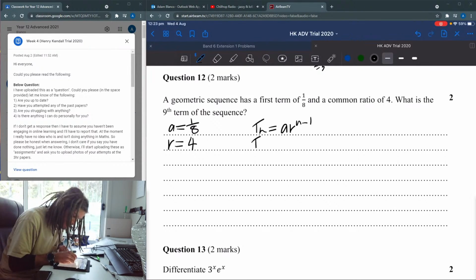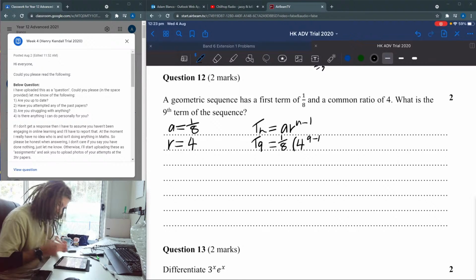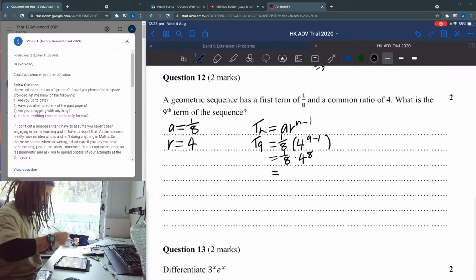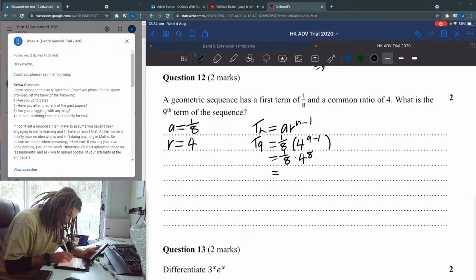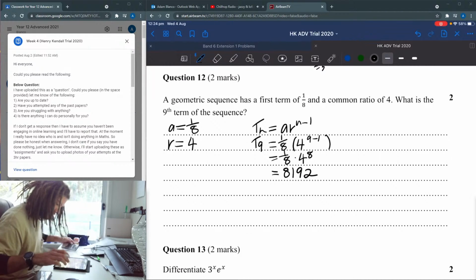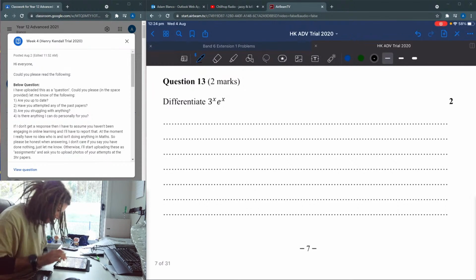T9 equals 1/8 times 4 to the power of 9 minus 1, which is 1/8 times 4 to the power of 8, divided by 8. 8192. Tell me that's right. Yes. I get excited when I get these questions right.